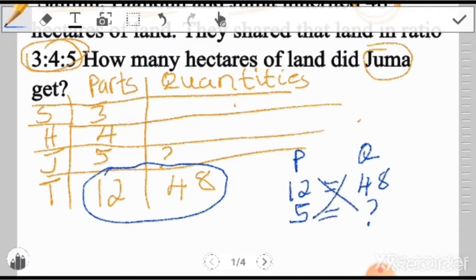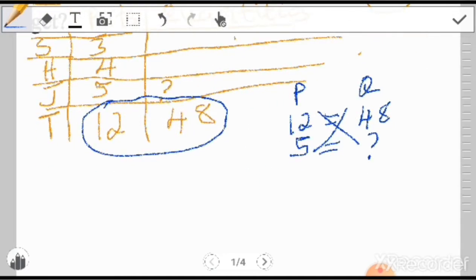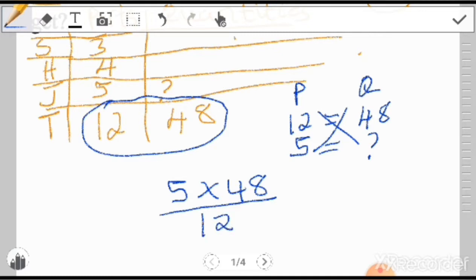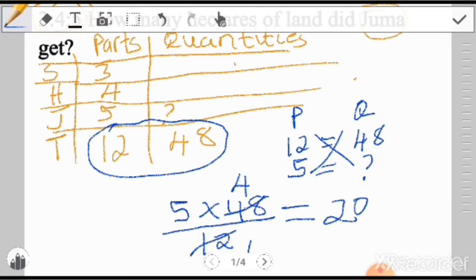So when we cross multiply, we have 5 times 48 over 12. Then when we simplify, 12 by 12 is 1, 48 by 12 is 4, 5 times 4, we get 20. So the quantity of land which corresponds to 5 parts is 20. So Juma got 20 hectares.